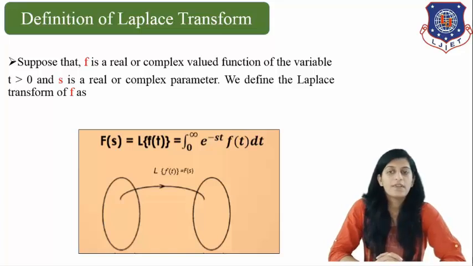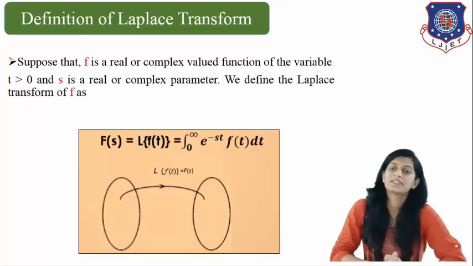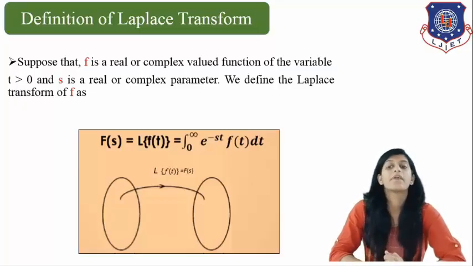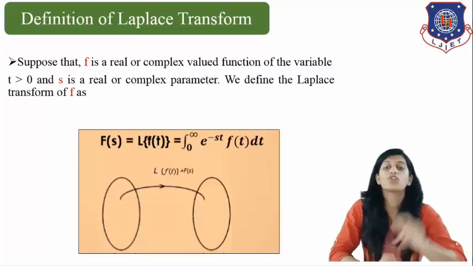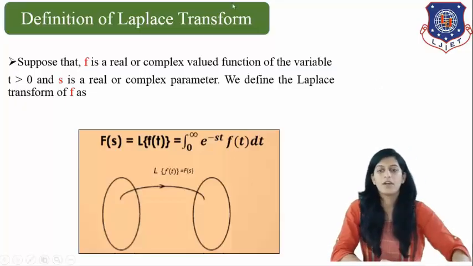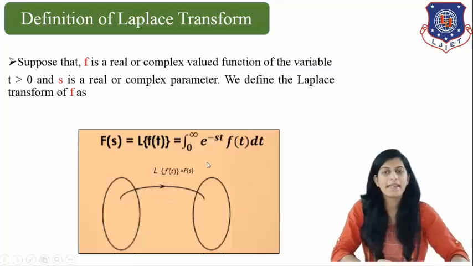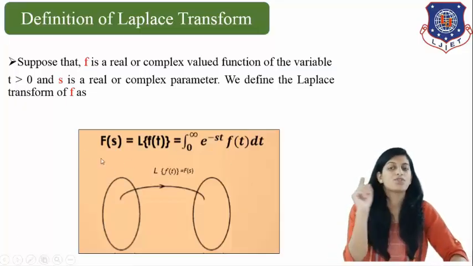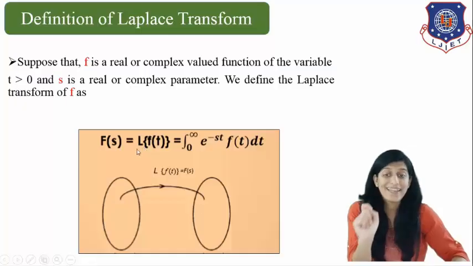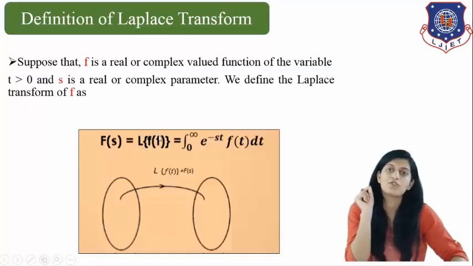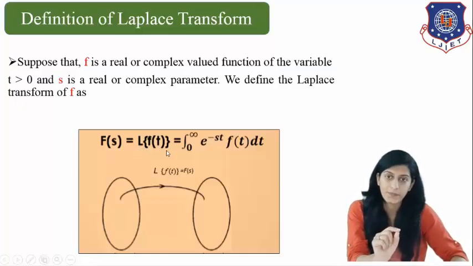Suppose f is a real or complex valued function of variable t which is greater than 0. Then s is a real or complex parameter. This is how we can define our Laplace transform. So, F of s can be written as Laplace of f of t, right?